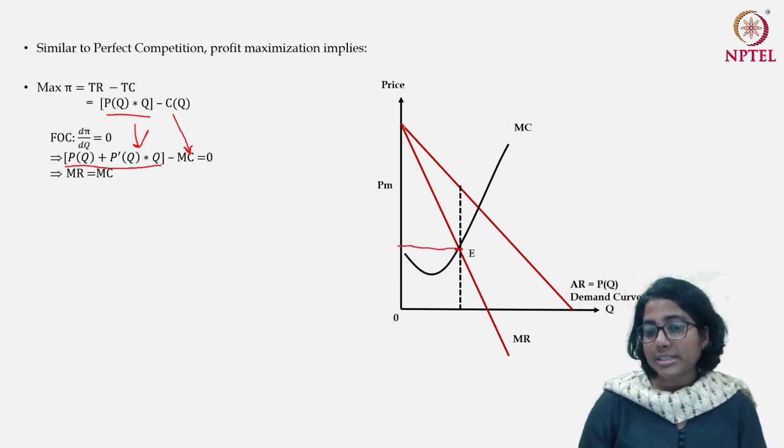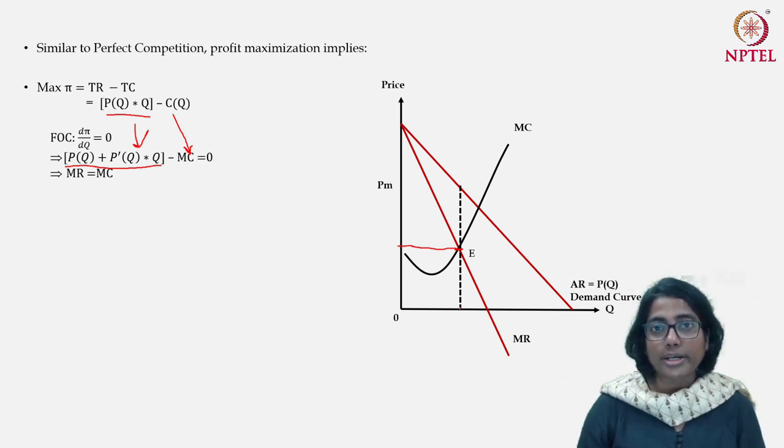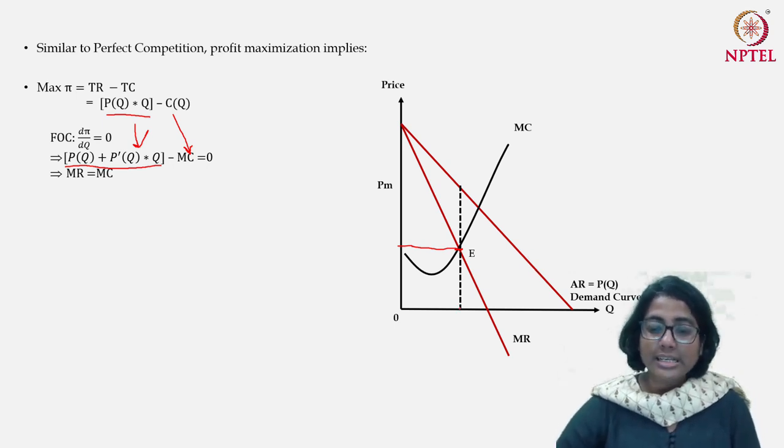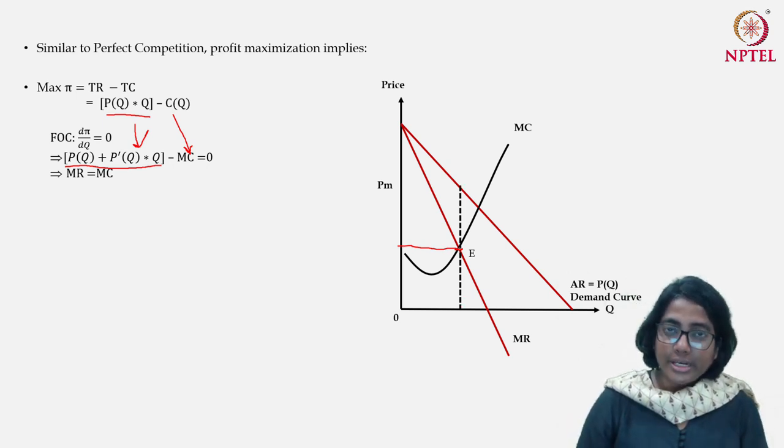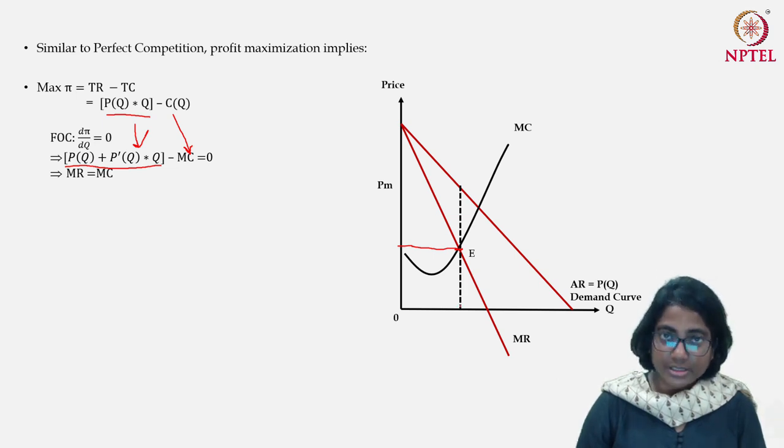Because we have already discussed that if you look at the demand curve, for any particular quantity, the consumer is actually willing to pay up to this much. So what the monopolist will do at point E, the monopolist will determine how much quantity is needed to be produced, and it will continue up to the average revenue curve to determine what is the price to be charged.